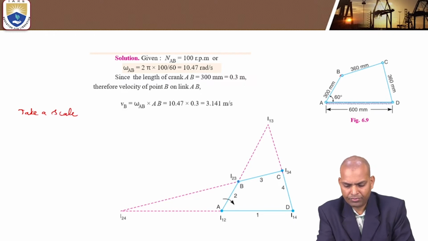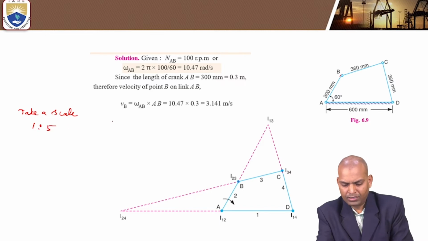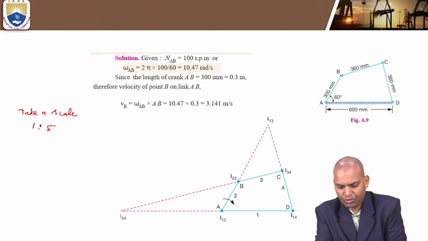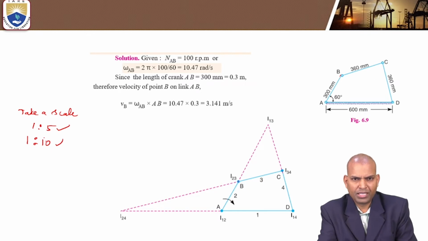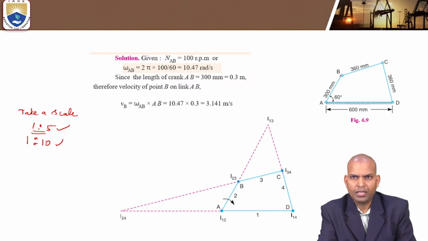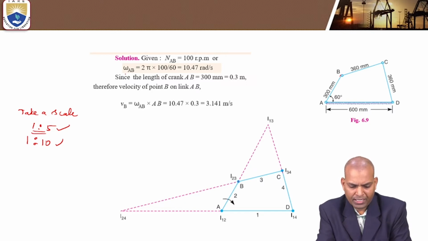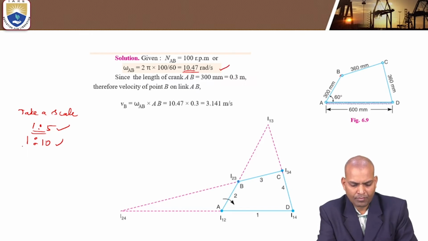Take a scale of 1:5, then 600 millimeters by 5, or 1:10. We can take 1:10 also. If you take a maximum scale, the accuracy will be low, and if you take a minimum scale, accuracy will be high. So here omega AB equal to 2 pi N by 60, that is 10.47 radians per second.